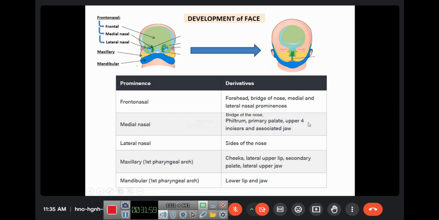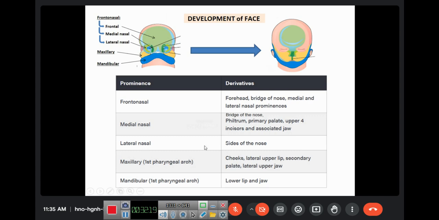So the upper four incisors develop from intermaxillary segment from medial nasal prominences. Lateral nasal prominence here will make the sides of the nose or the wings of the nose.